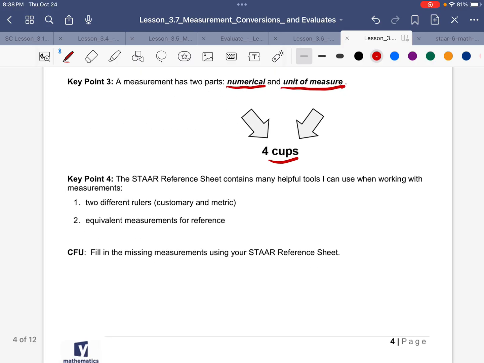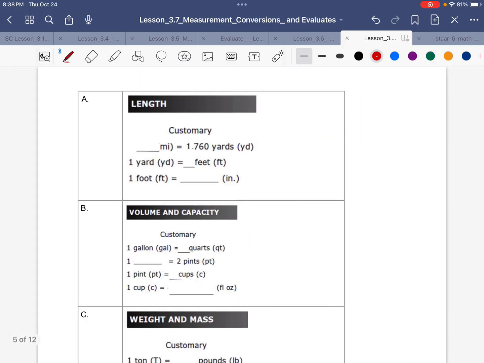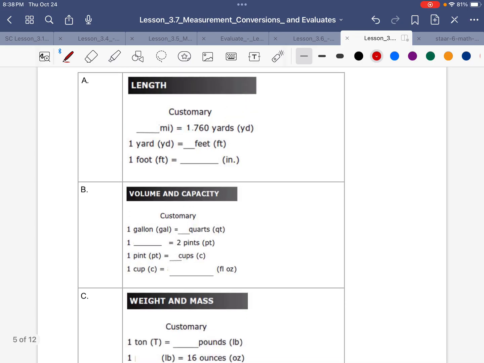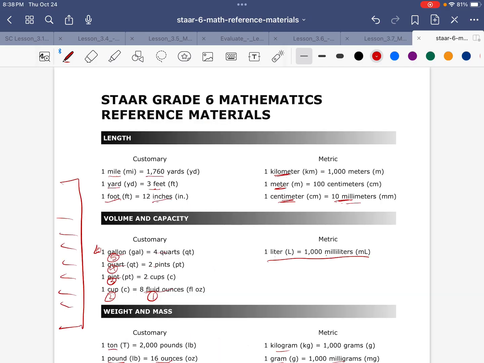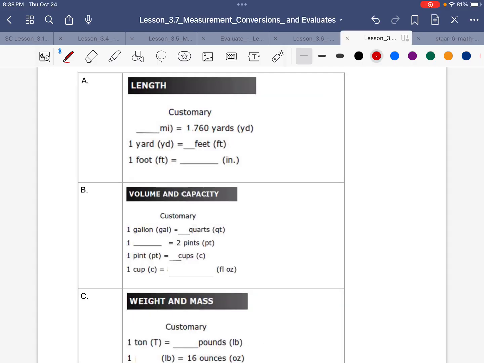So now we're going to fill in the missing pieces to using our chart here. So if you look here, 1 mile is equal to 1,760 yards. 1 yard is equal to 3 feet. Look at your sheet. And 1 foot is equal to 12 inches.